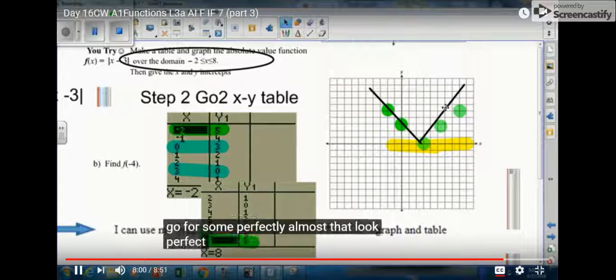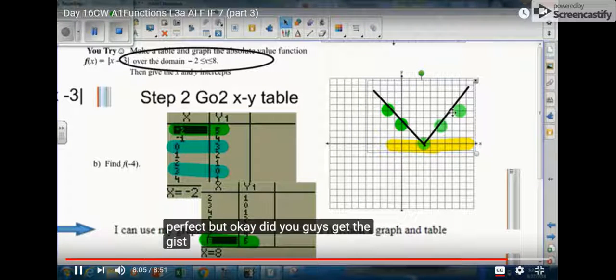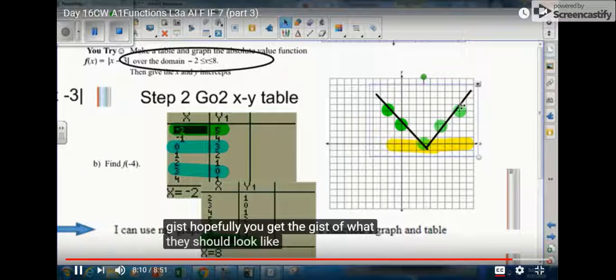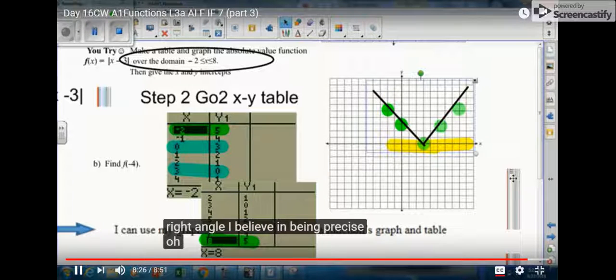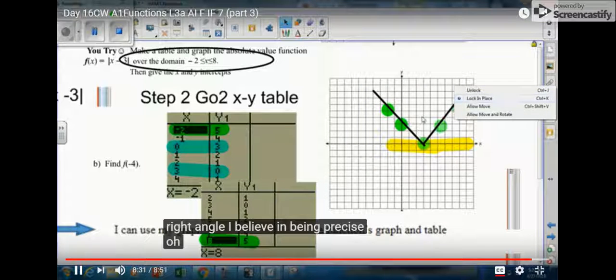It doesn't look perfect, but okay. You guys get the gist of what it should look like. Honestly, I probably have to ungroup them just to get the right angle. But I believe in being precise, so let me ungroup them. Yeah, that's what I need to do.